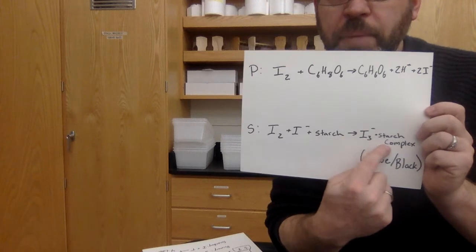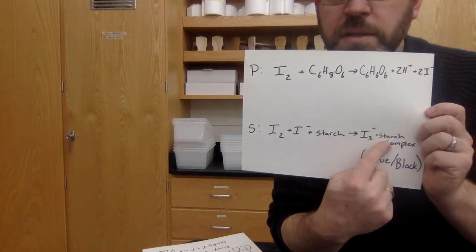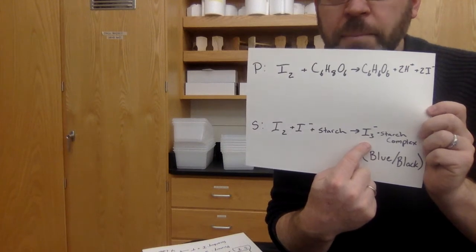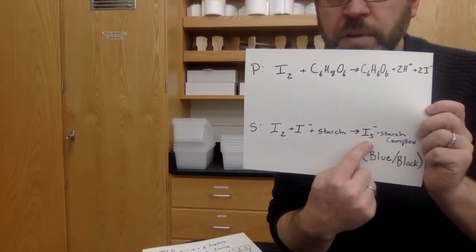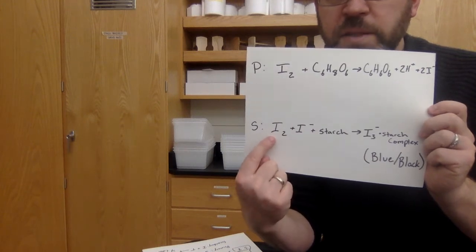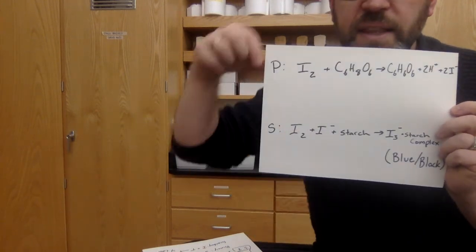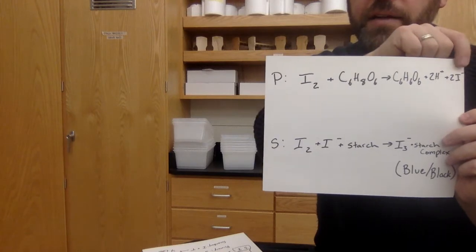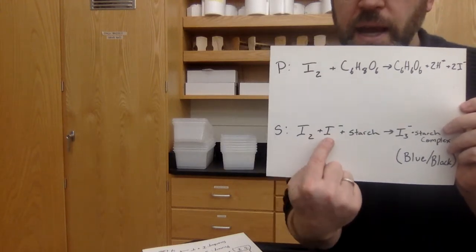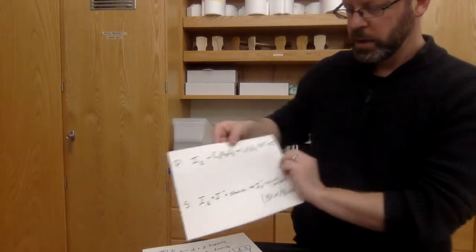So this is one big pile of potato starch and this I3 minus polyatomic that you've probably never seen before, but that's okay. It comes from I minus and I2. And the I2 is what we're adding. You can see that I actually make a little bit of I minus up here, which is good because I need the I minus also down here.